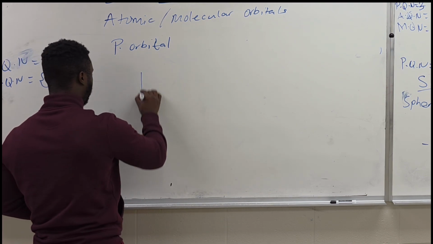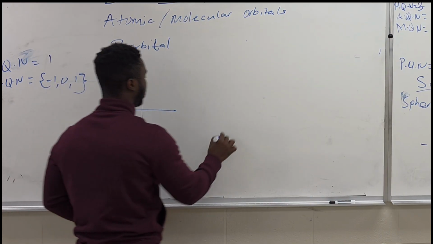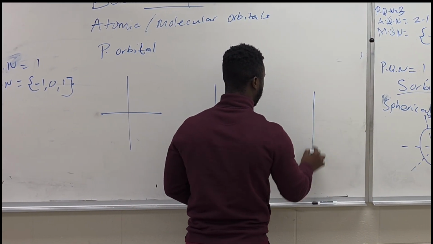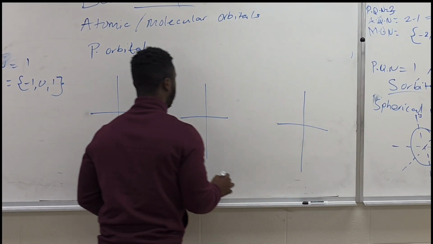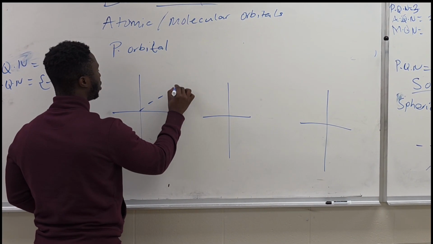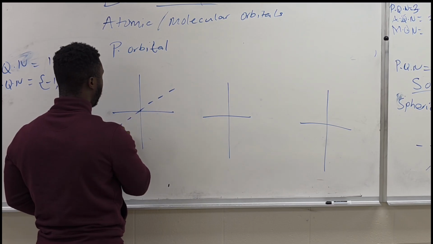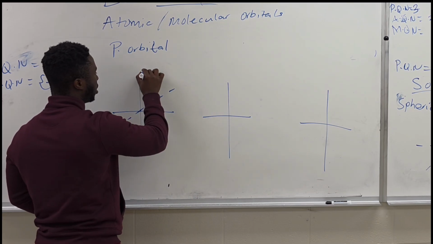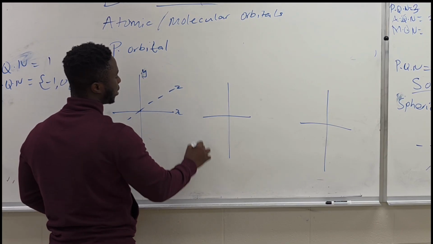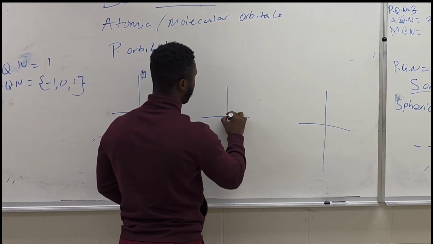So let's draw one Cartesian plane here, another here, and then another here. But mind you, this is a 3D space we are talking about, right? So we're going to have an imaginary z axis. So this is going to be y, z, x. Same thing applies over here.